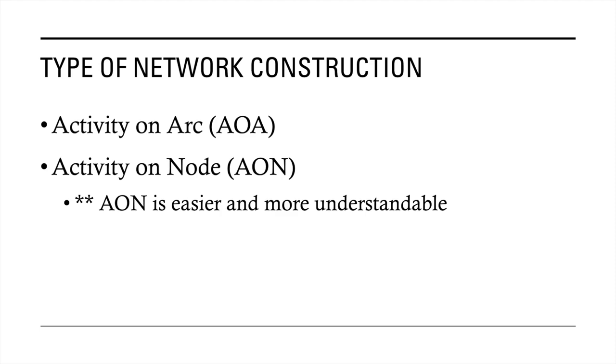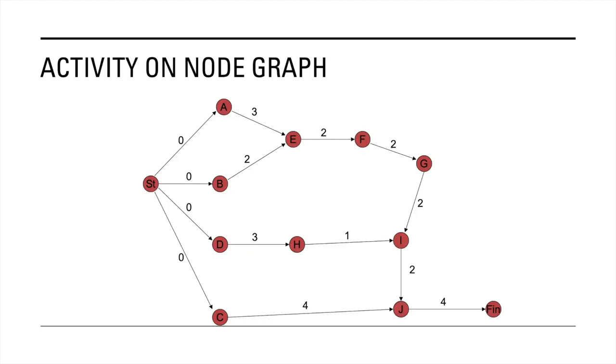However, the easier method, activity on node, puts your activities inside the node. And as you can see in the next slide, this is the graph of the base problem, the book publishing problem, in graphical form. Now, let us try to understand how we were able to construct this graph.